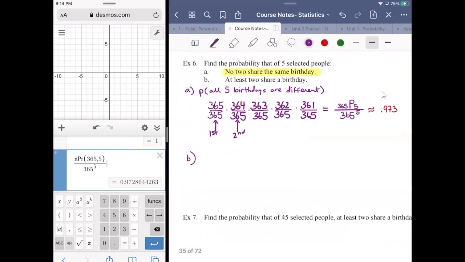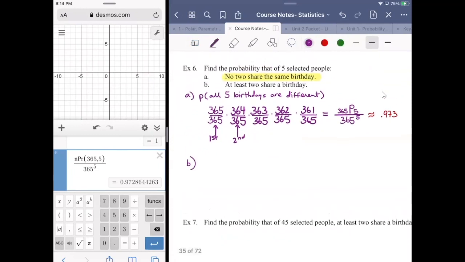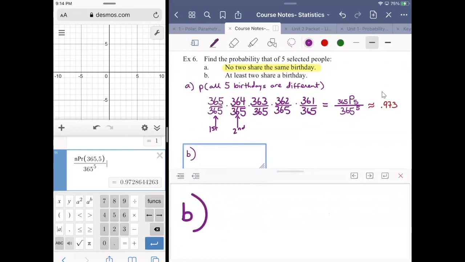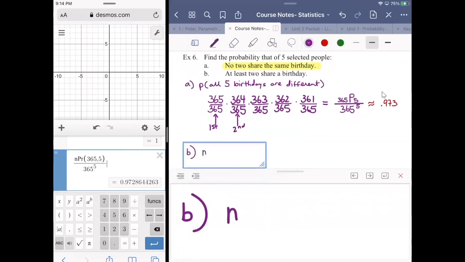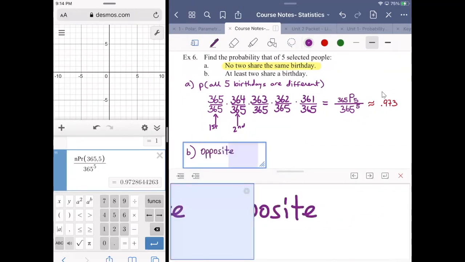So in part B, where it says probability at least 2 share a birthday, right? So I'll write it as opposite of our answer for A, right?